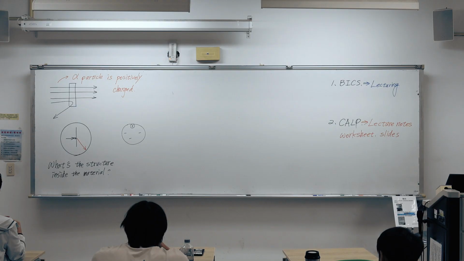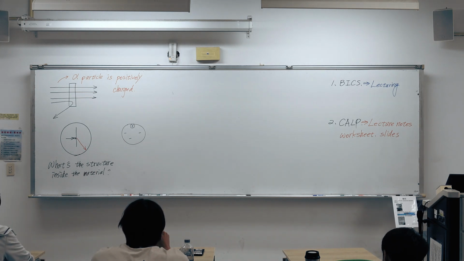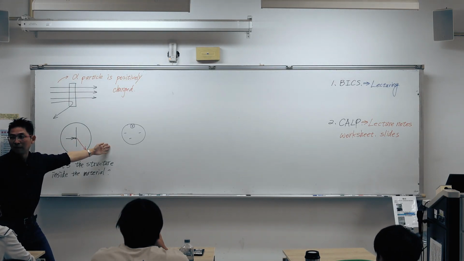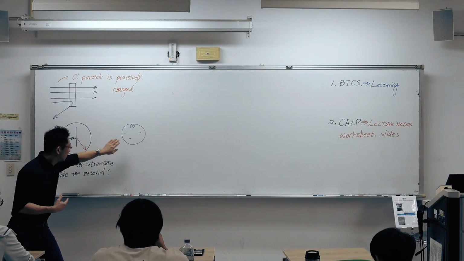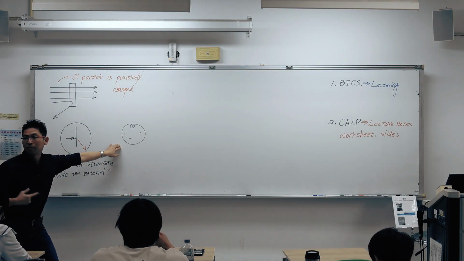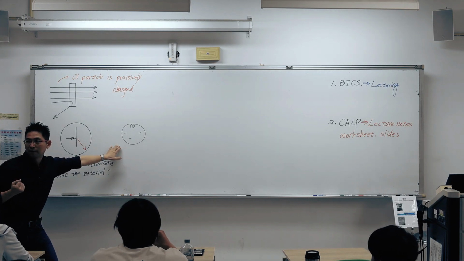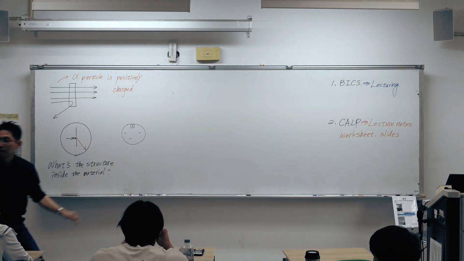Oh, you provide several choices for students? Maybe I will ask another question. Compared to the model they have learned, so you just provide this model, or provide other kinds of models like the plum pudding model, Thomson model?